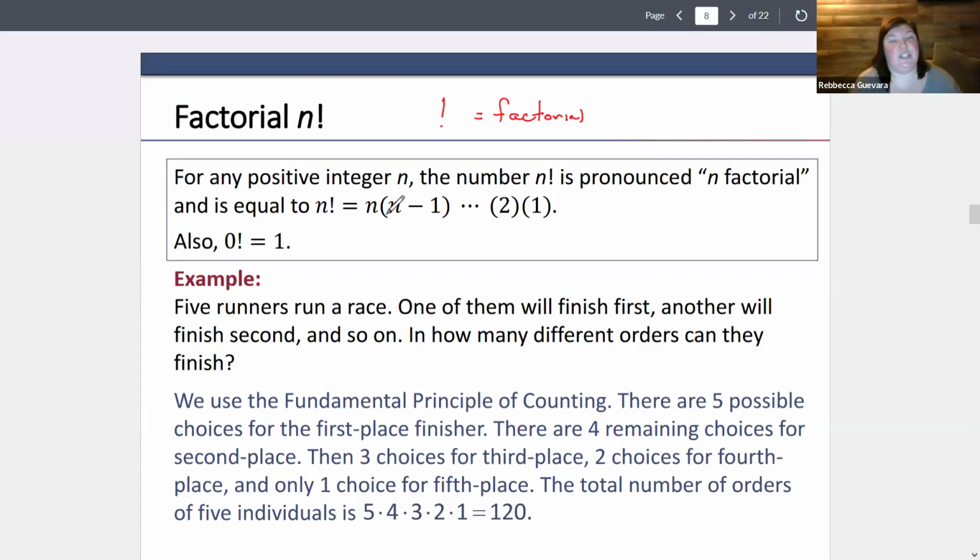It is going to be n times (n minus 1) times (n minus 2), and so on, down to 2 times 1. So what this means is that if I had 7 factorial, that is going to be 7, and 7 is my n. The next thing is one number less than that, so 6. Then the next lowest number, 5, 4, 3, 2, 1.